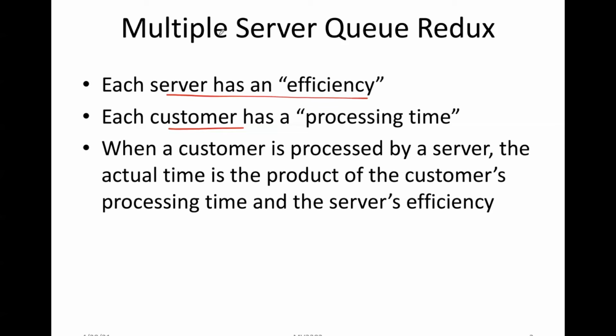When we observe our servers, we notice that for tasks of about the same amount of work, some servers are faster than others. And we want to take that into account. Why? Because that may be one of the things that we can control or affect if we want to improve our performance measures.